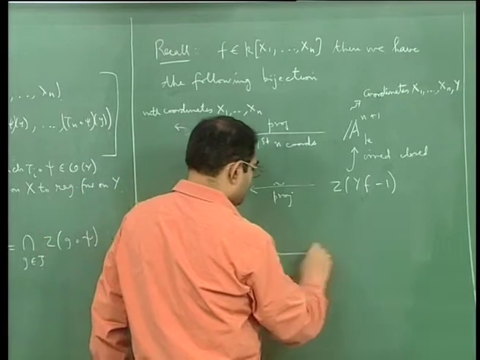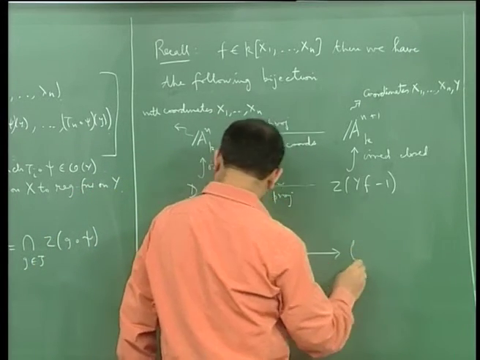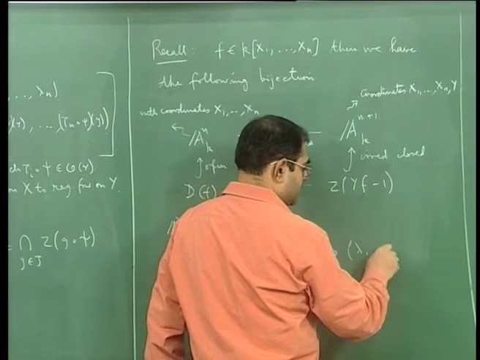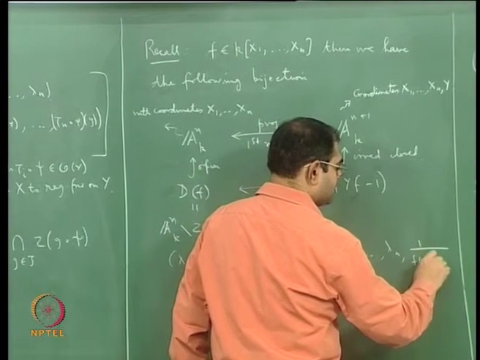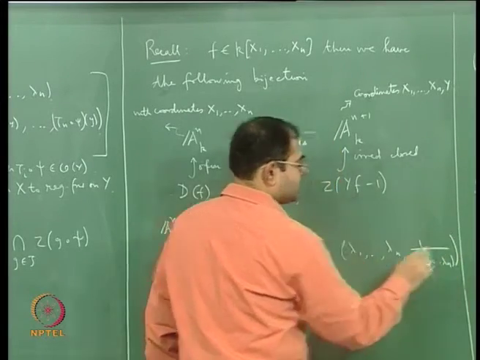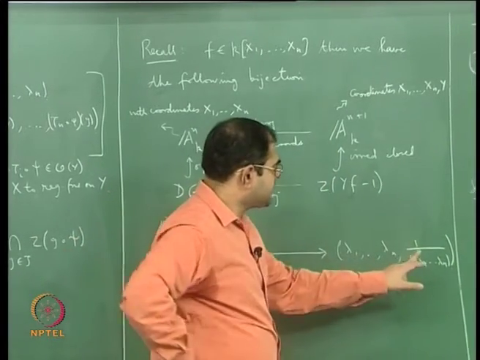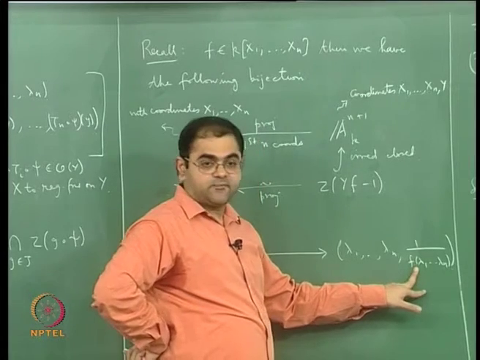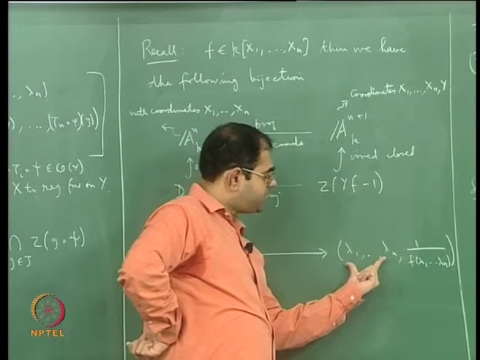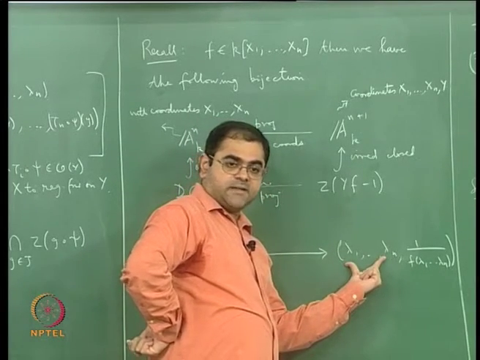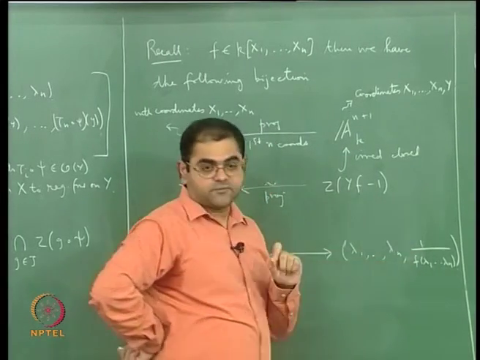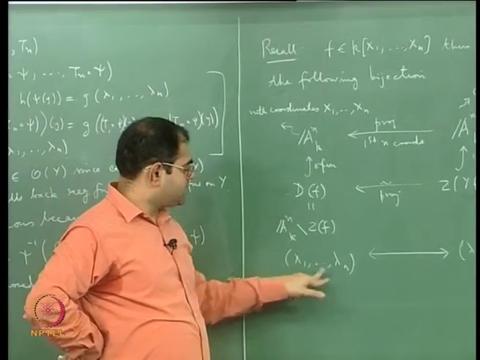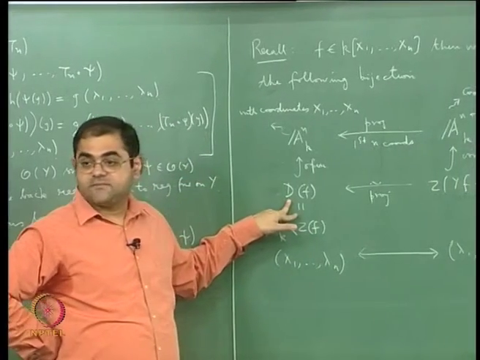You simply associate to it this element (lambda1, ..., lambdan), and then you add 1 by f of (lambda1, ..., lambdan). Then this satisfies the equation: the last coordinate y multiplied by f applied to the first n coordinates minus 1 equals 0. And I can invert f of (lambda1, ..., lambdan) because (lambda1, ..., lambdan) is in the locus where f doesn't vanish.